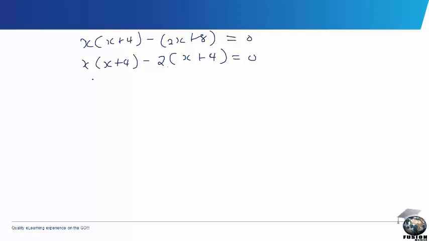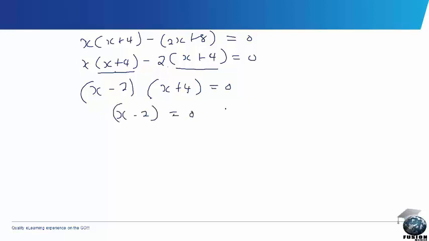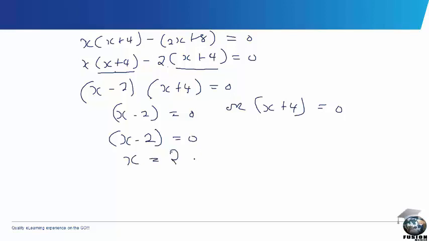So I can pick 2 factors. You see, these 2 factors are the same, so I can pick x minus 2, and then I can pick x plus 4, both equal to 0. This simply implies that x minus 2 is equal to 0, or x plus 4 is equal to 0, and then we can solve to get the values. x will be equal to 2, as 2 crosses the equality sign and becomes positive.